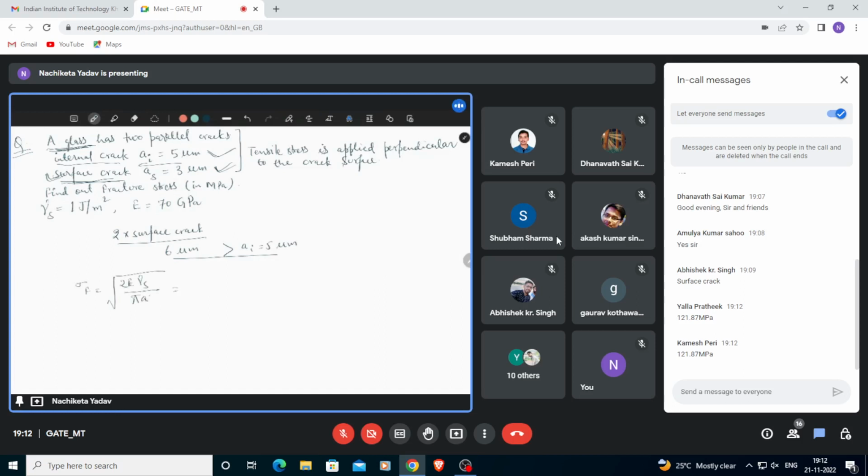Here this is half length, so what will we assume here? 2 into 3, which is 6, minus... total surface length, it is 3.